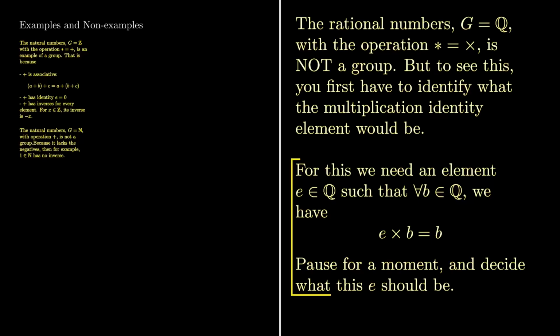What about the identity element? Recall that what that means is that we need to find some element, for now we'll call it E, such that for every other element, E times B, in this case, is equal to B. We've already said that the identity for the real numbers is the number 1, and pretty obviously that's going to be the identity here as well.